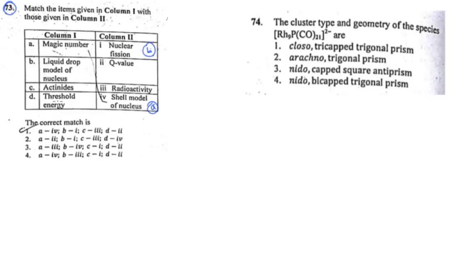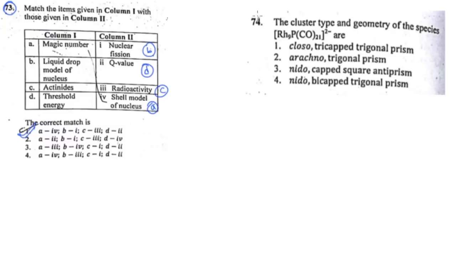All the actinides are radioactive, so the third one is for C. And D is threshold energy, which is calculated with the Q value. So threshold energy depends upon the Q value. Now you can check it. A is related with 4, B with 1, C with 3 and D with 2. Which one is the correct one? Option 1. So you don't have to do anything, it's the correct one.